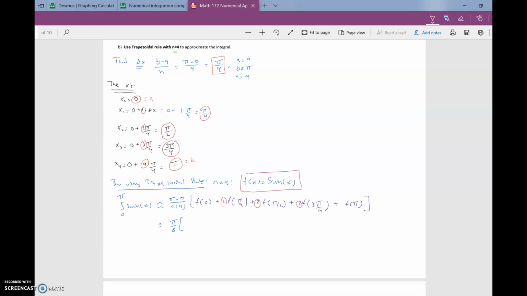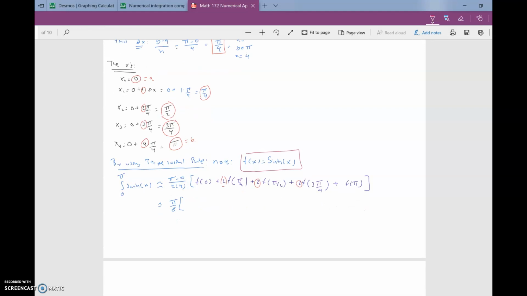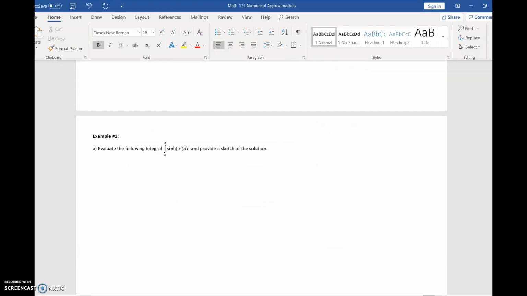Okay, so for every one of the following values, I'm just going to use 4 decimal approximations. So let me find the sinh function first. Okay, so f of 0, I'm just getting an output of 0 for this one.